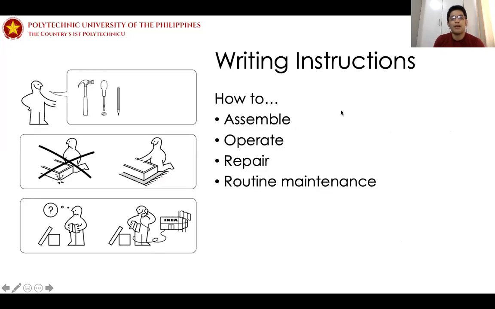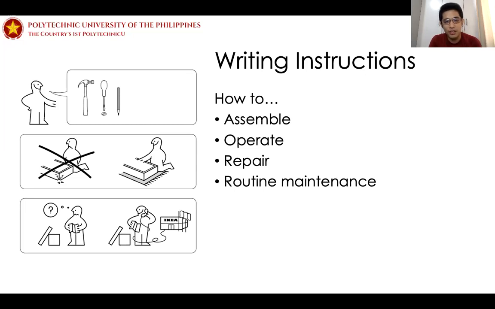Okay? Now, writing instructions would allow us to assemble, to operate, to repair, and to have routine maintenance. These are some of the things that we do every time we are given instructions or every time we are writing instructions.